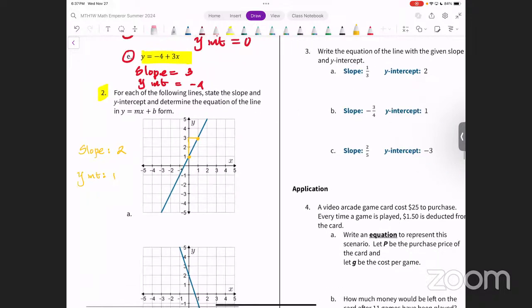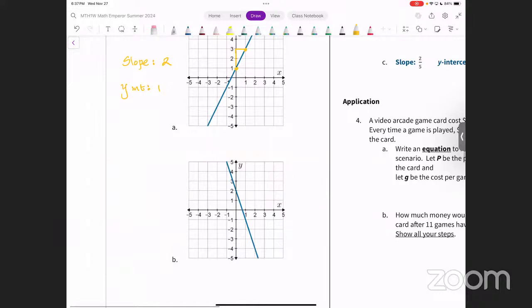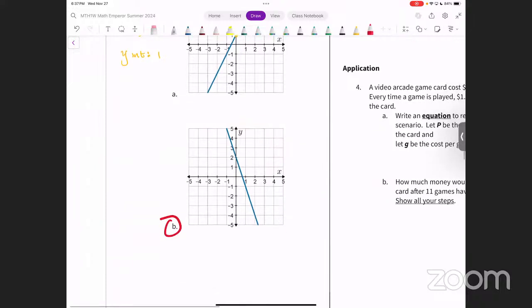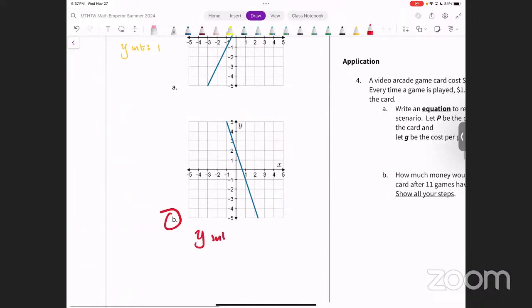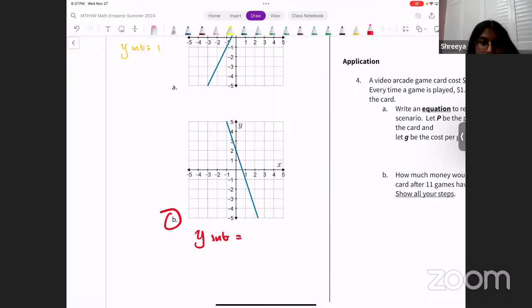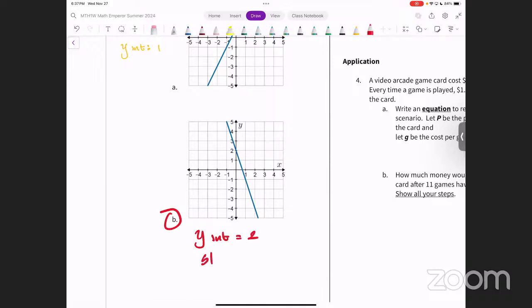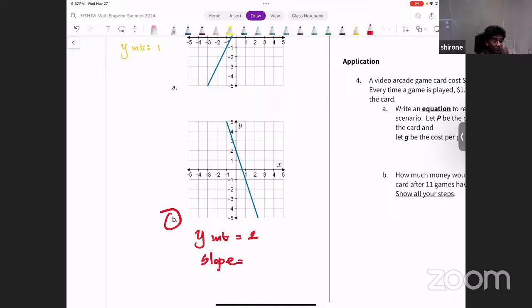Pretty straightforward, isn't it? Okay, Shreya, what did you get for B, y-intercept? 2. What is the slope? 3. Slope is 3? Okay, that's not correct. So let me go back. I'm going to choose one point. This point has (0, 2) as a coordinate.